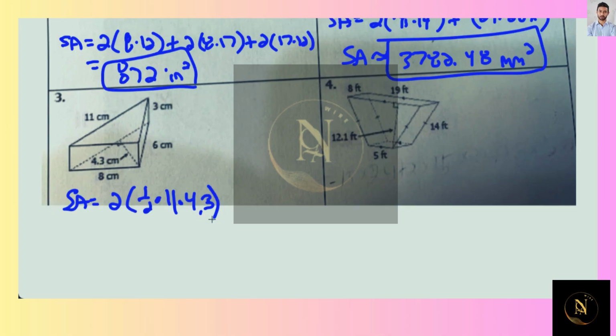And then we've got three rectangles. This would be 3 by 8. The one on the right would be a 3 by 6. And then to that we'd add the back rectangle, which would be 3 by 11.